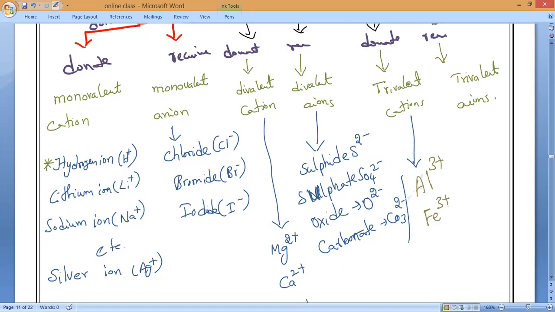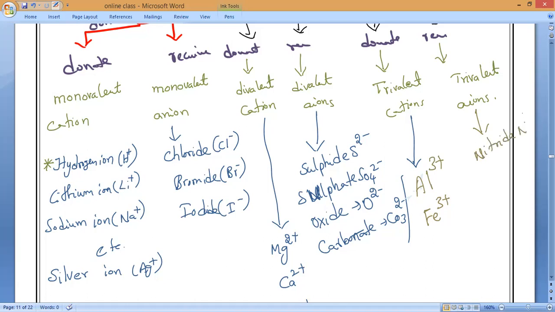Maximum we have only these two, so no other is there. Any doubt? We will not notice much more in three. Now, trivalent anions. So many: phosphate, nitride ion.